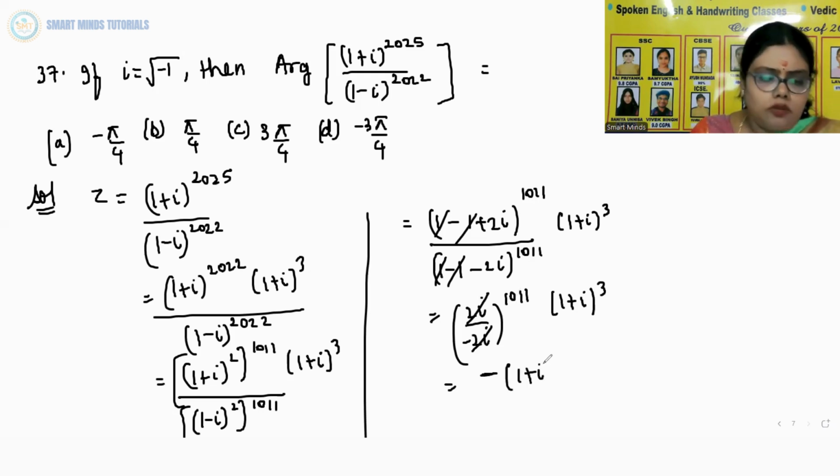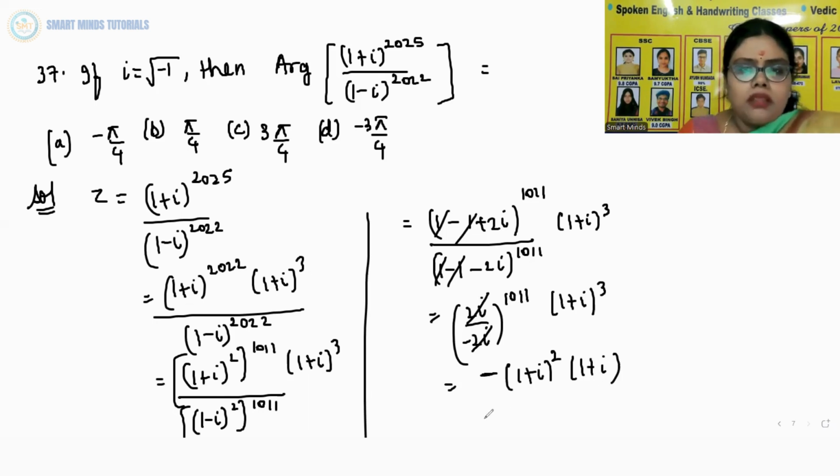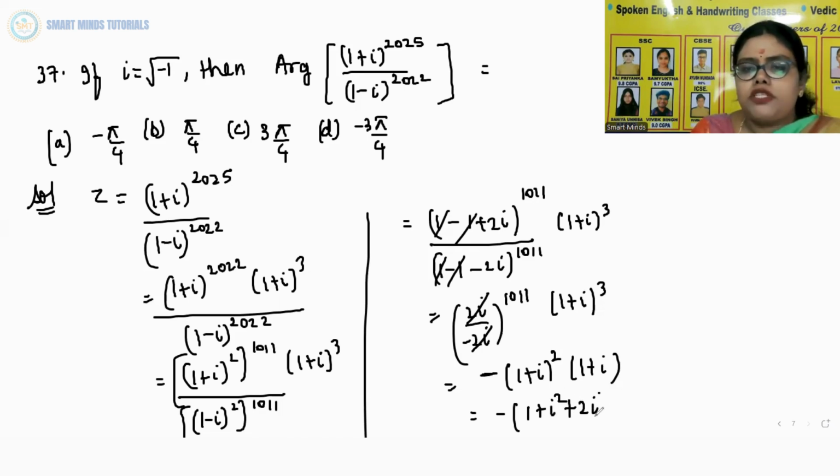So minus into 1 plus i whole cube, we can write as whole square into 1 plus i. So that is equal to minus. Now we will open the bracket, like we'll expand it, a plus b whole square, a square plus b square plus 2ab into 1 plus i.